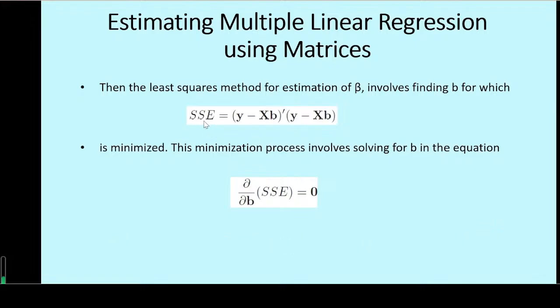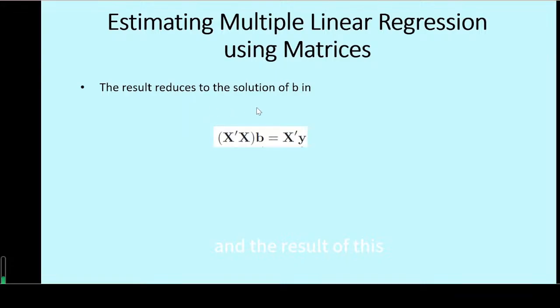This is an expression of the parameter beta because we do not know the beta value. Using derivatives and optimization, we take the partial derivative of SSE with respect to the vector b and minimize it. Then we will get the value of b.